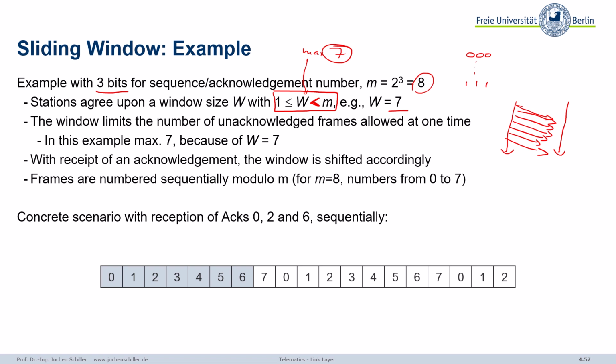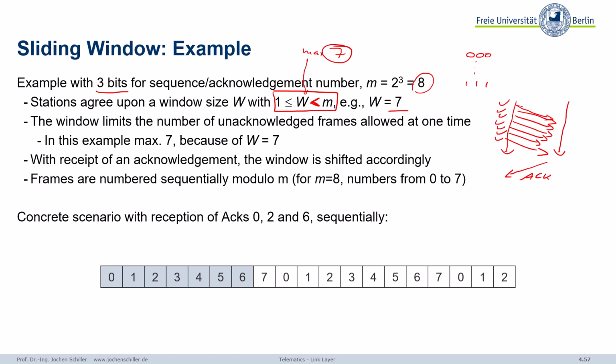And then I'm not allowed to send anymore. In an ideal case, I will get back 1 acknowledgement with the right parameters, acknowledging all 1, 2, 3, 4, 5, 6, 7 frames. I will explain the shifting with the help of these examples.